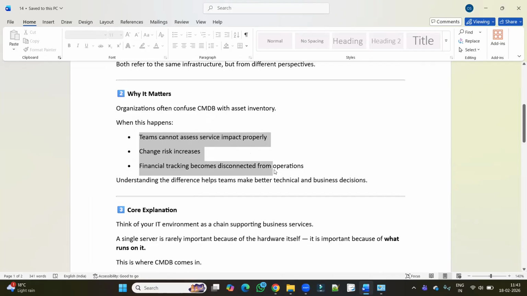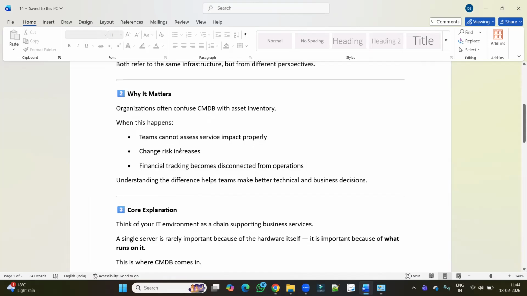Financial tracking becomes disconnected from operations. If you are not clear about the goal of CMDB and asset management, it impacts the service badly because the teams are not able to assess service impact. Teams should be focusing on one thing, but they are focusing on some other less important thing. They're not able to assess the impact properly.